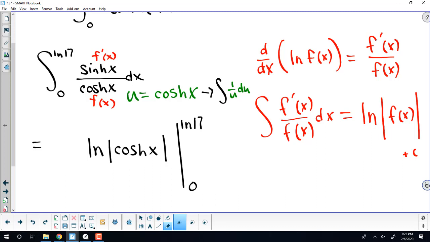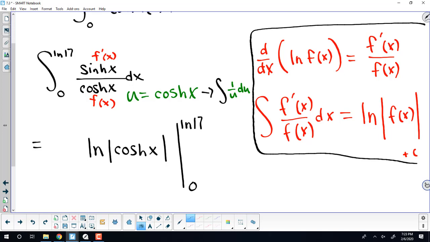All right, and so they want an exact answer. So I guess, of course, you could put that into your calculator, but we could also remember the exponential definition for the hyperbolic cosine.